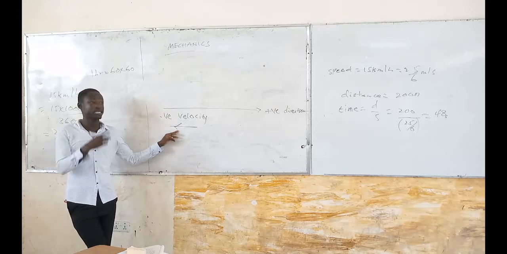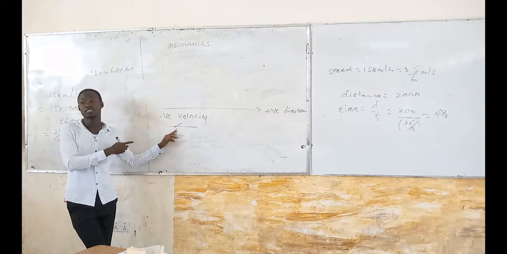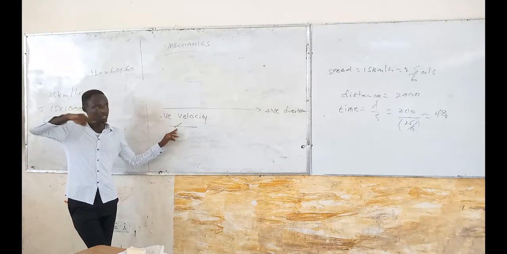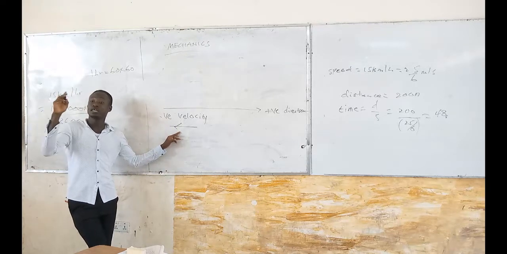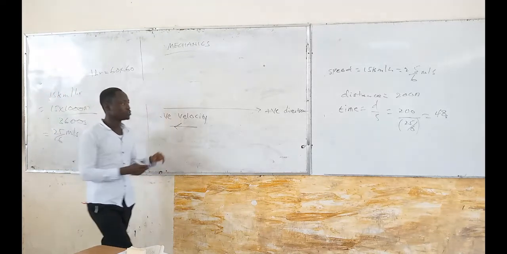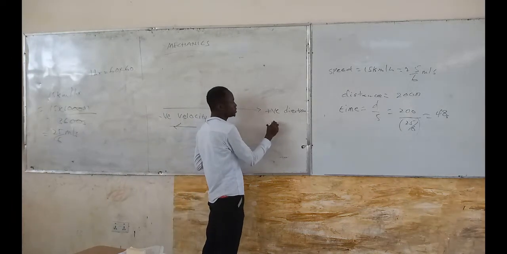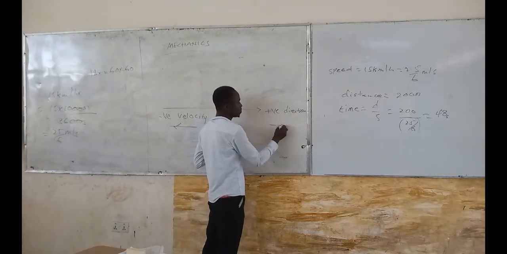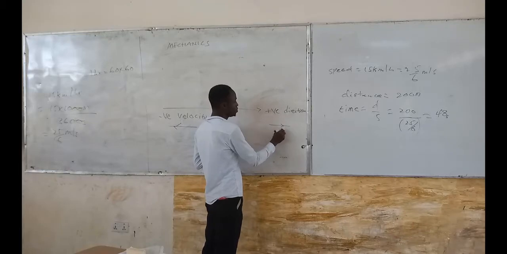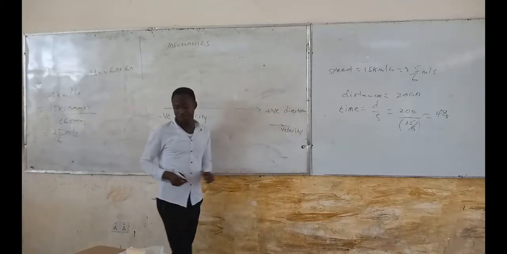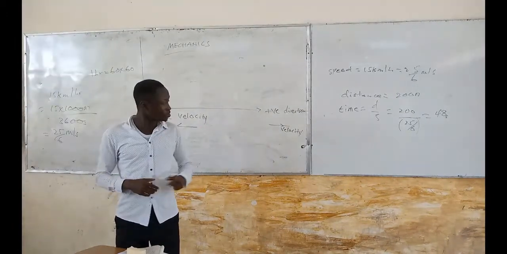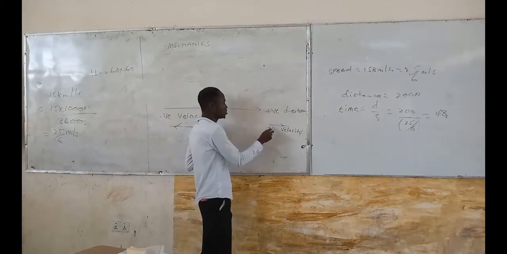When there is a problem making use of this, a line with one arrowhead means velocity, and two arrowheads mean acceleration. So velocity in this direction is positive velocity.